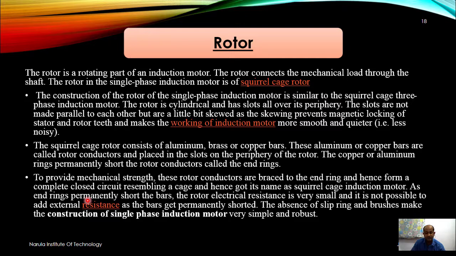So these are absent in the case of the single phase induction motor, there are no slip rings or brushes, so it is a more robust and simple structure, right? And these end rings are majorly made of aluminum or brass copper.